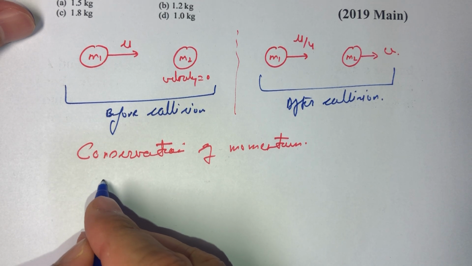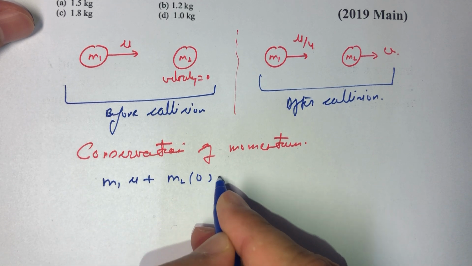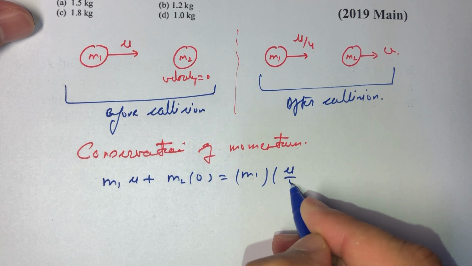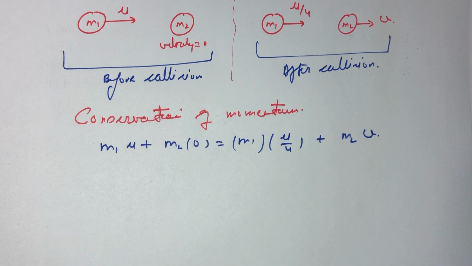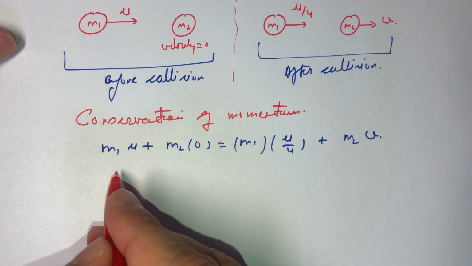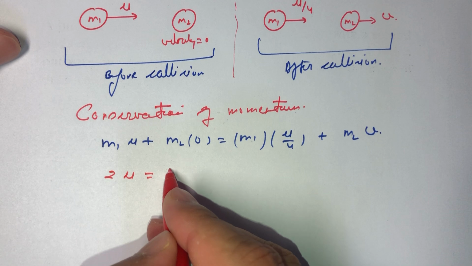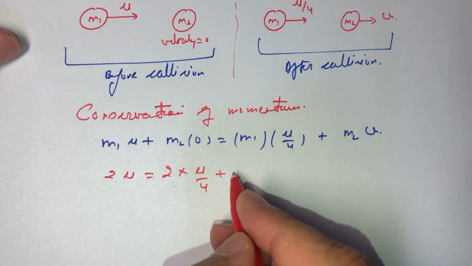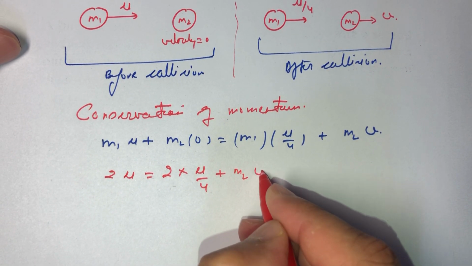So we can say m1u plus m2 multiplied by 0 is equal to m1 multiplied by u by 4 plus m2 multiplied by v. And m1 is given as 2 kg. We substitute here, we get 2u is equal to 2 multiplied by u by 4 plus m2 v.